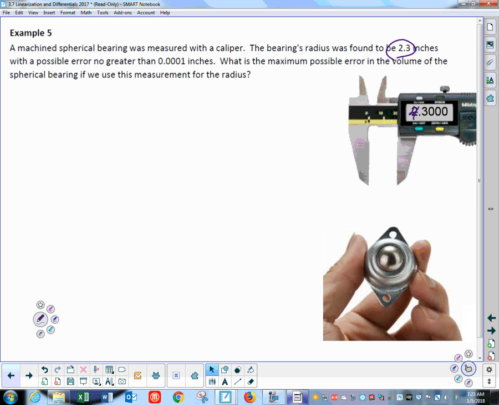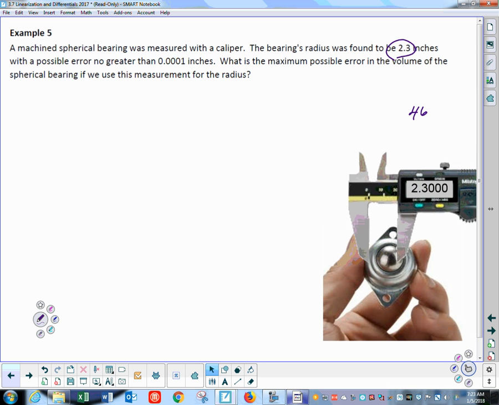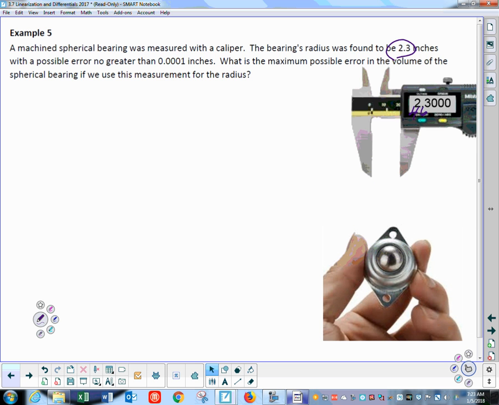So this would have read 4.6 really, wouldn't it? With a possible error no greater than 0.0001. And so that's the accuracy of our measurement. What is the maximum possible error in volume of the spherical bearing if we use this measurement for the radius?